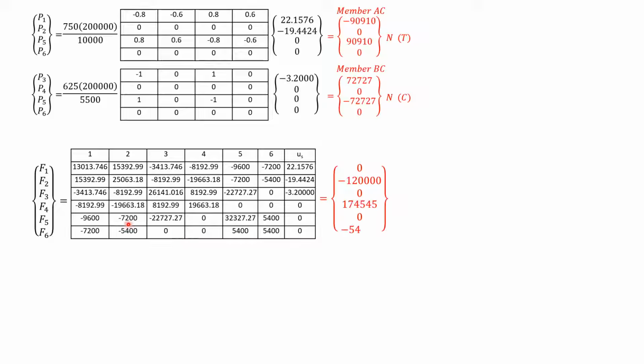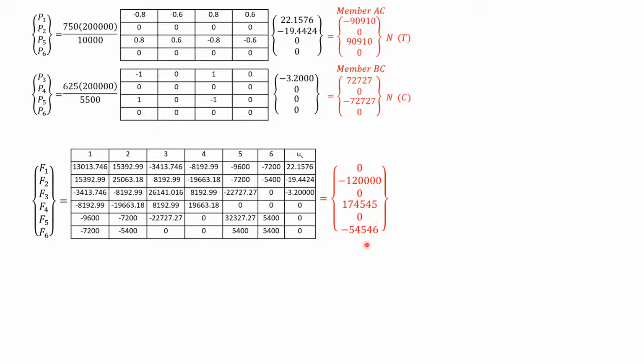Then for F5, negative 9600 times 22.1576 plus negative 7,200 times negative 19.4424 plus negative 22,727.27 times negative 3.2. So the answer for F5 is 0.